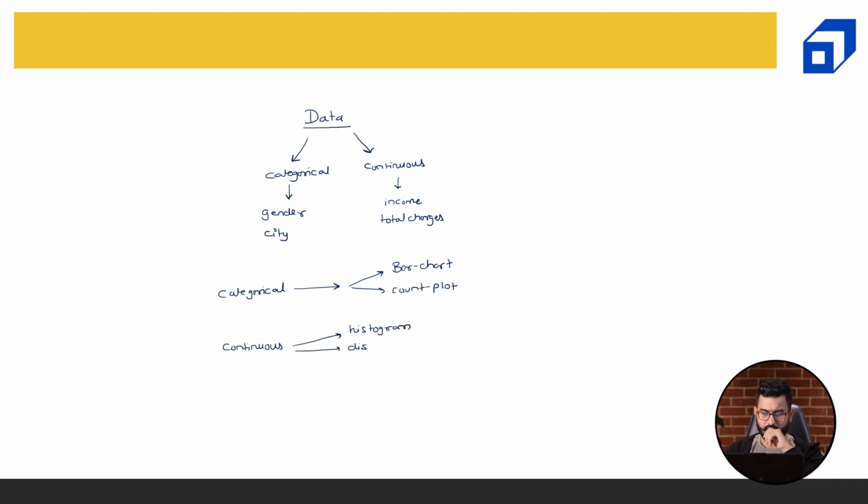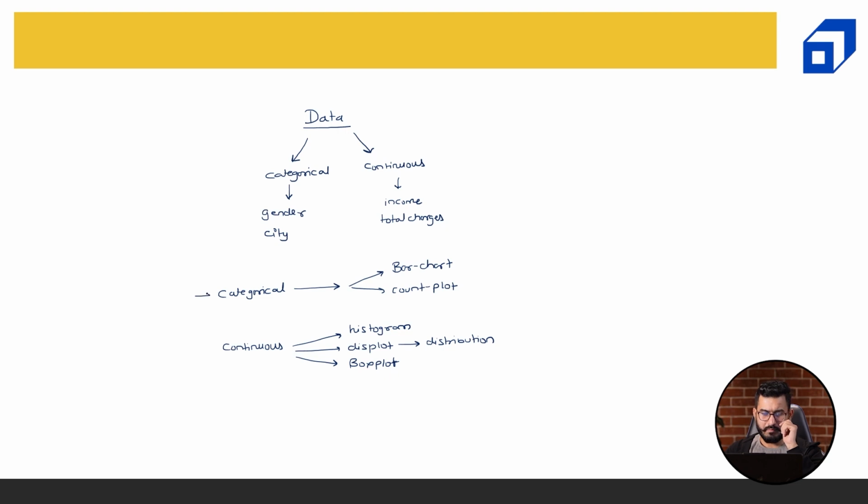One is the dist plot, which is used for plotting distributions. And the third one is the box plot. My personal favorite is the box plot, because the box plot essentially answers all your questions and you don't even need the histogram and dist plot. I personally love plotting box plots.